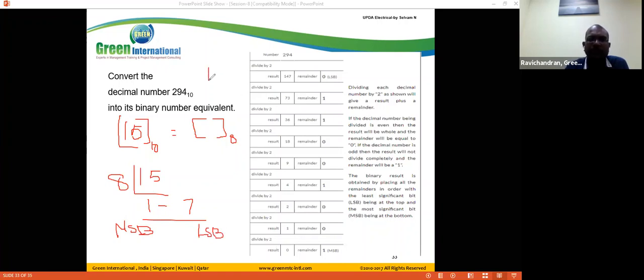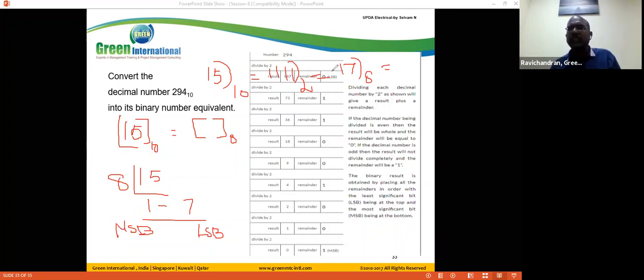So 15 base 10 is equal to 1111 base 2, or 17 base 8, or 15 in hexadecimal. Hexadecimal goes from 0 up to 15; after 15, 16 is not a single hex digit.